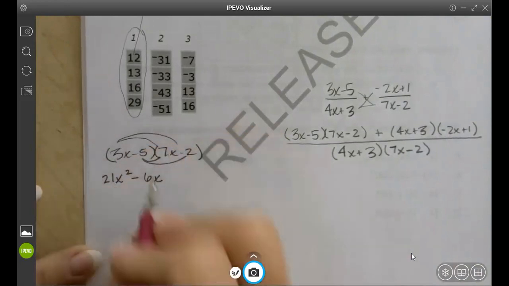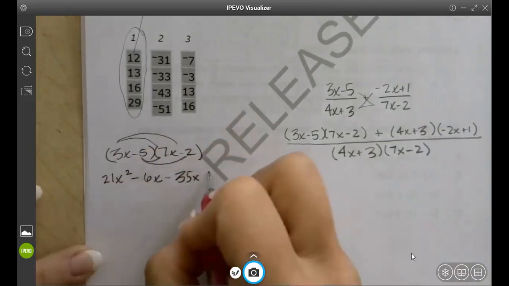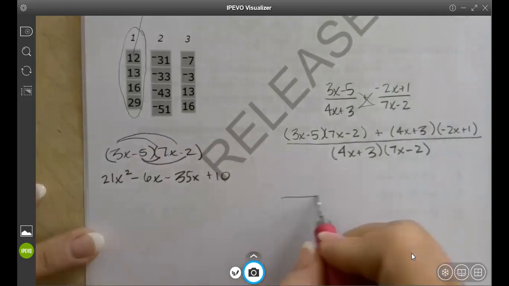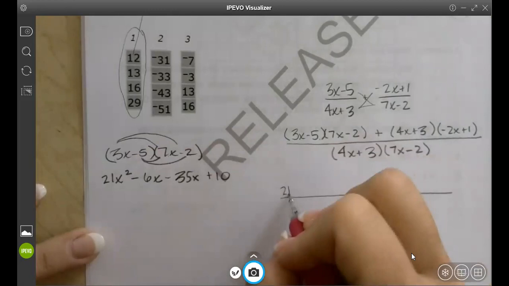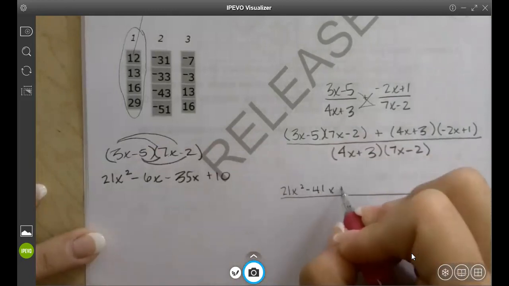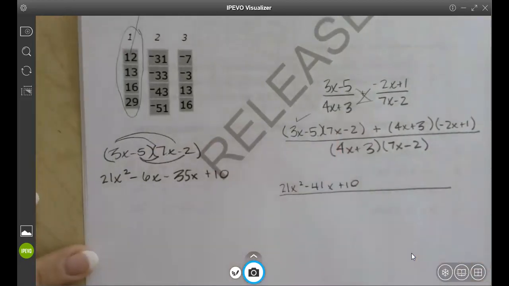Distribute your negative 5 times 7 is negative 35x. And negative 5 times negative 2 is a positive 10. I'm going to put it together up here. So 21x squared minus 41x plus 10. So that's this one done.